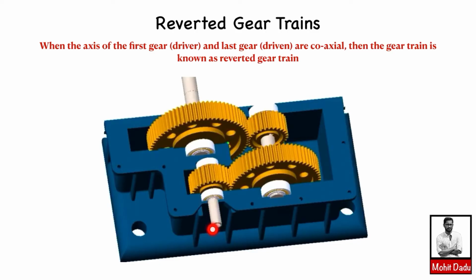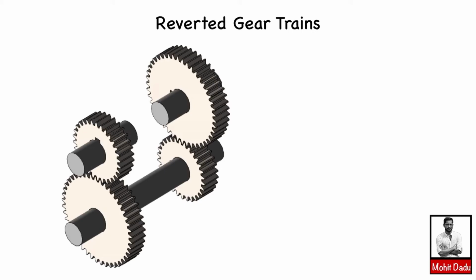Here the driver gear and driven gear are coaxial, and we will analyze this reverted gear train to find the velocity ratio. Here you can see the schematic diagram of this reverted gear train. This is the input shaft and this is the output shaft, which are coaxial.